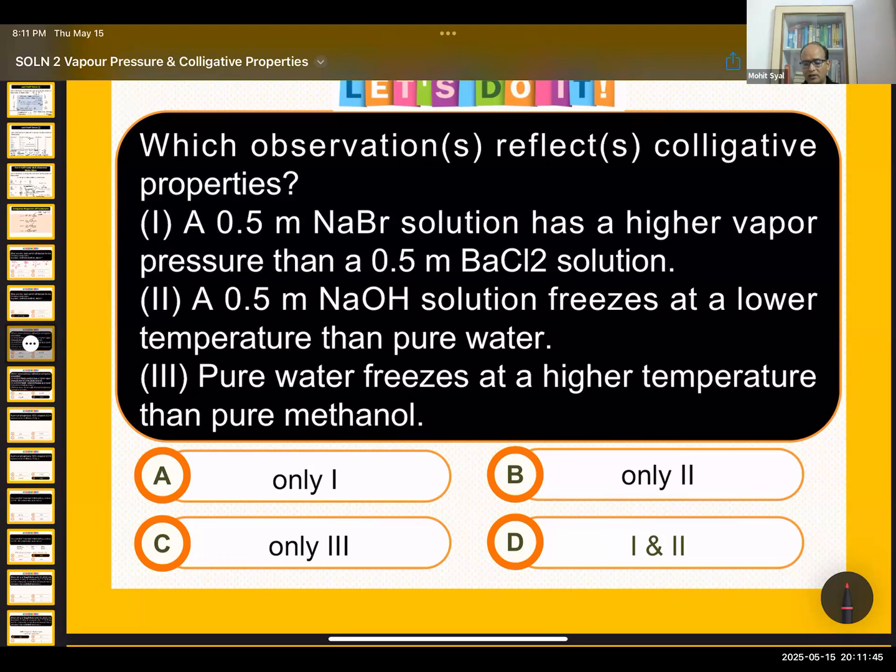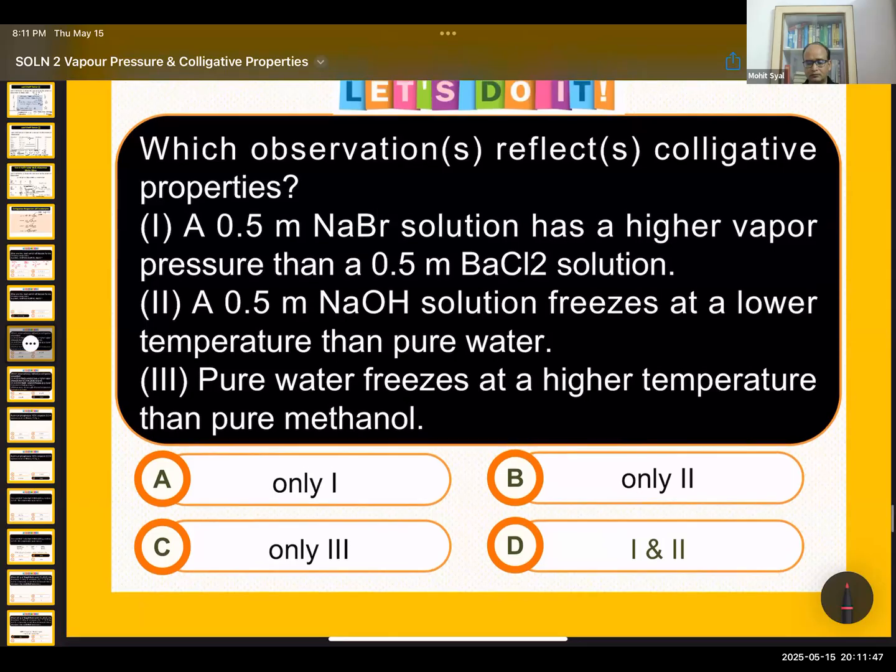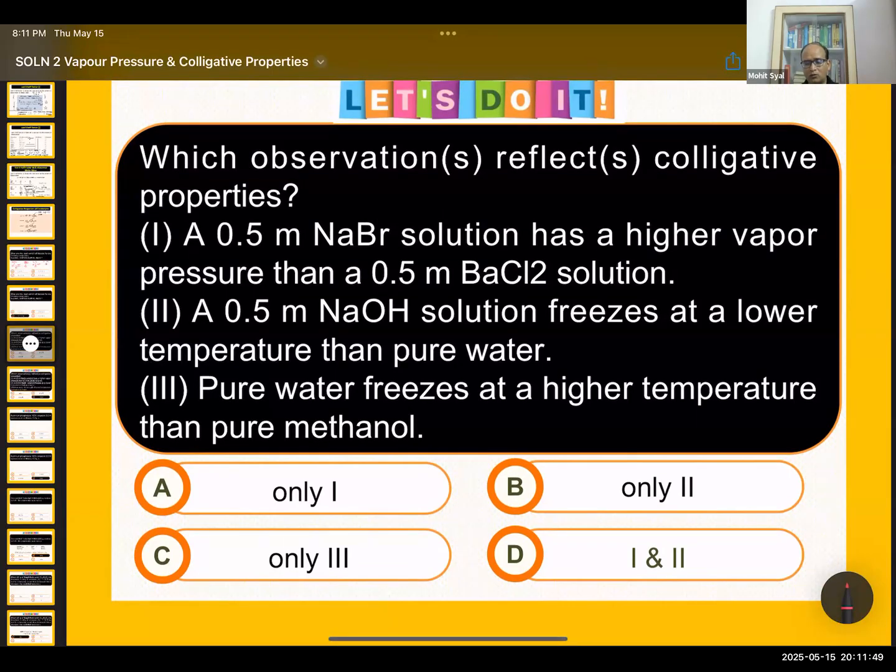This is the next question. Which observation is related to colligative properties? I have given the 3 observations.